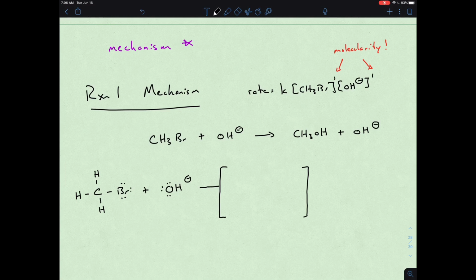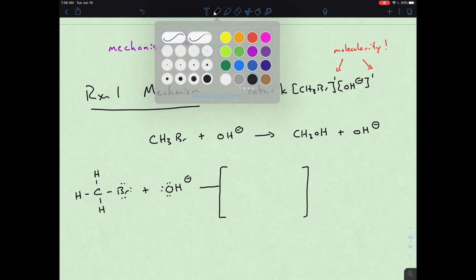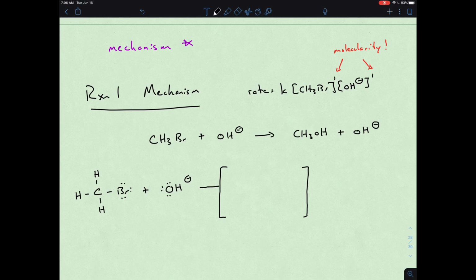And so we could describe that process as maybe looking something like this, where, and now just to try to give us a perspective, I'm going to draw this at a little bit more of a 3D angle. If we look at that carbon atom, we would expect a tetrahedral. So here I'm looking at it from the side.